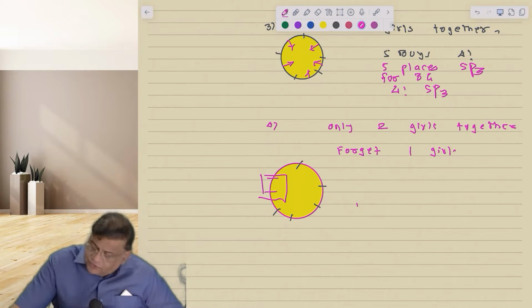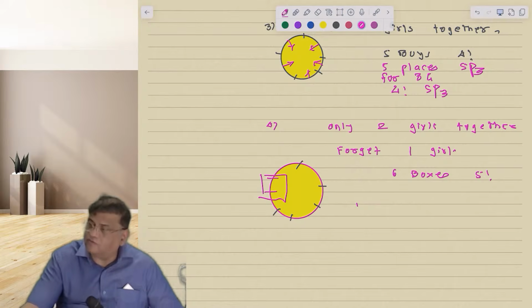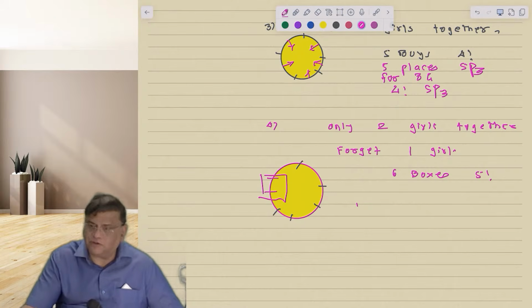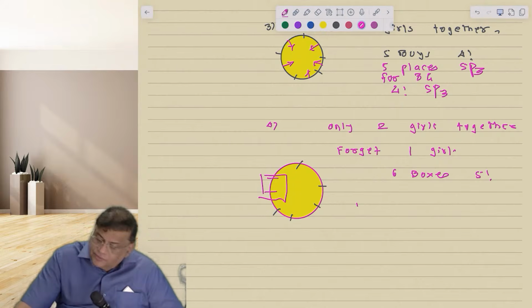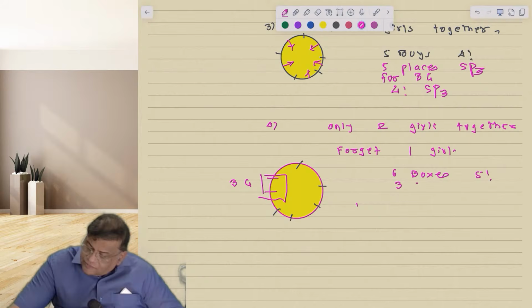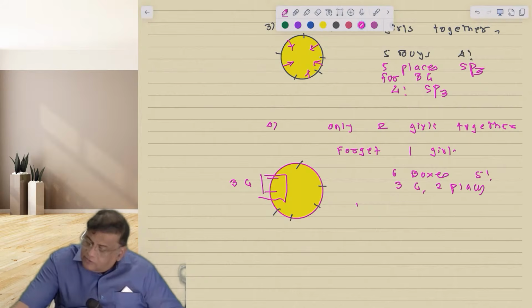As such, there will be 6 boxes, and therefore they can be circularly placed in 5 factorial ways. But for the 2 pink places, there are 3 girls available, and therefore 3 girls and those 2 places will be 3p2.